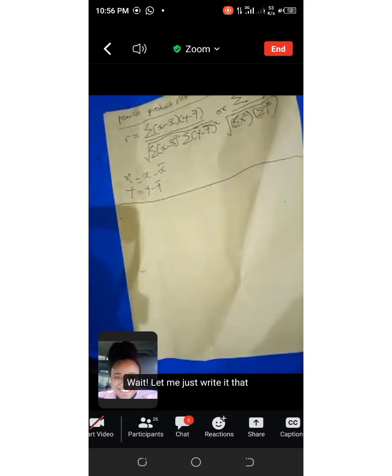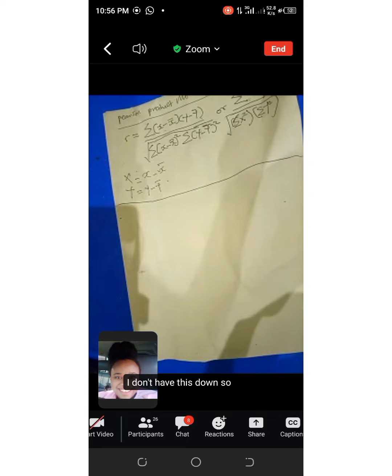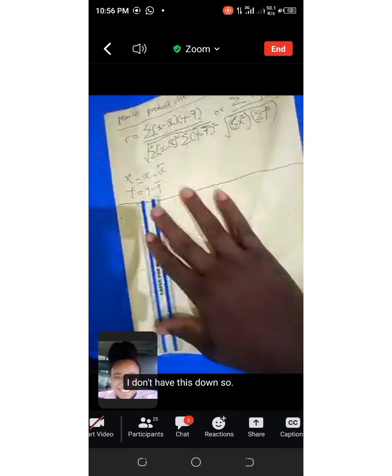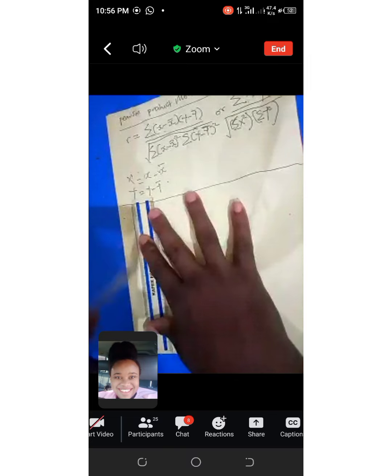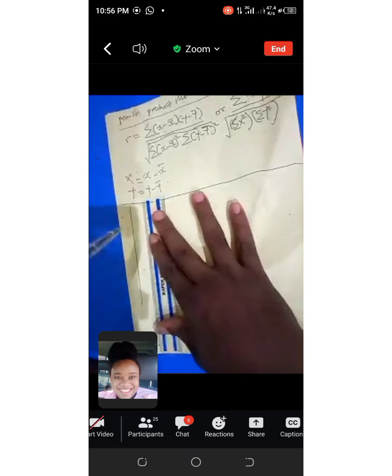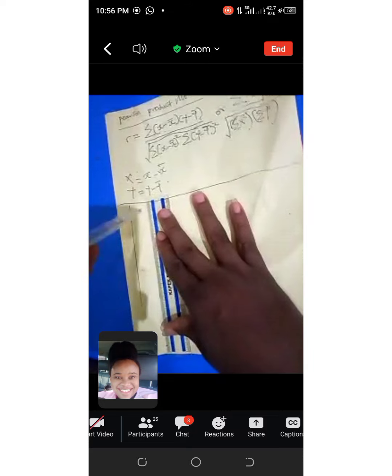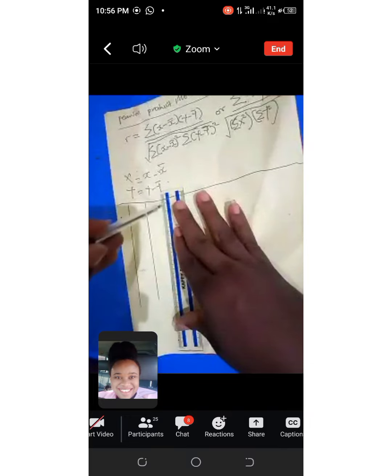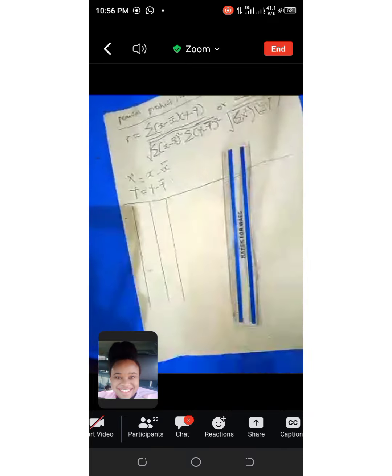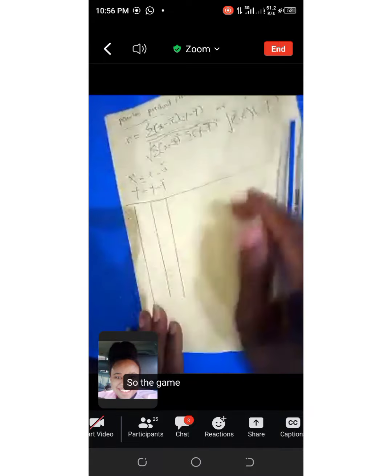I don't have a stamp, so they gave us 13 variables.